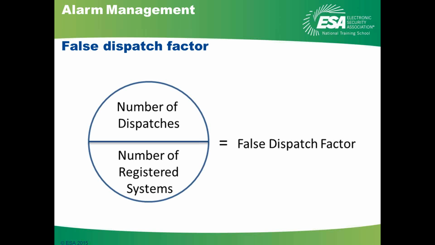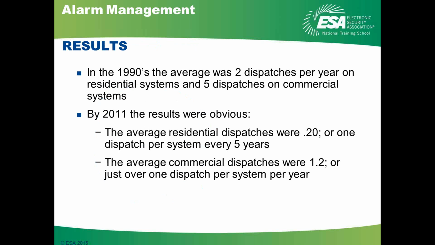So this is a new slide you'll see in alarm management. I think it does a very good job of showing the individuals that have a problem with math. And these numbers stayed the same. We didn't change them.